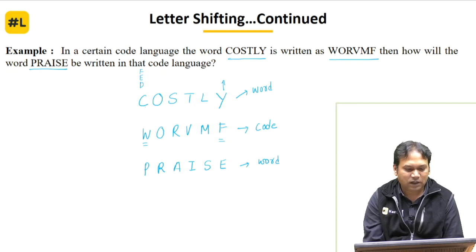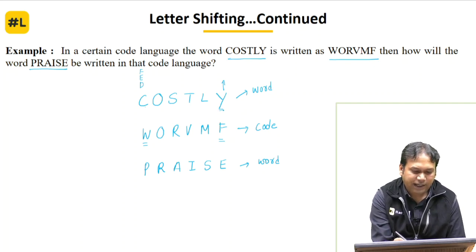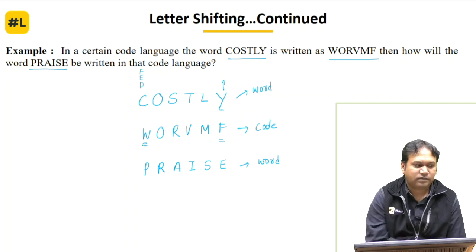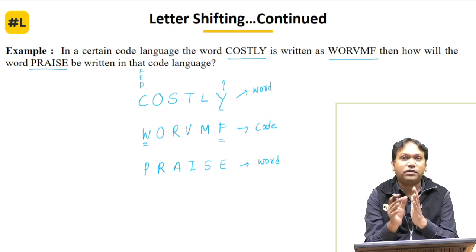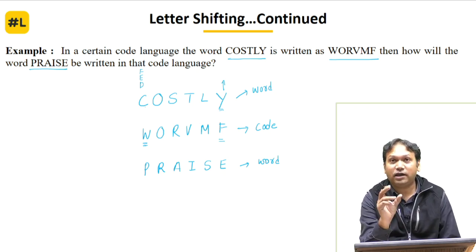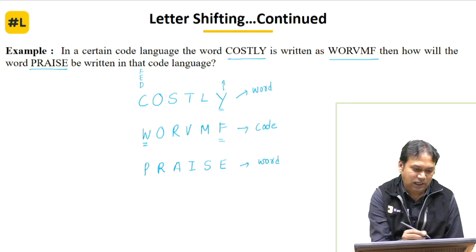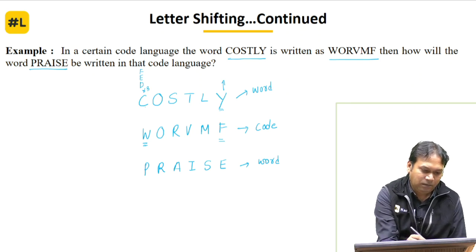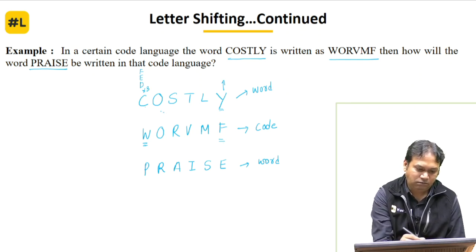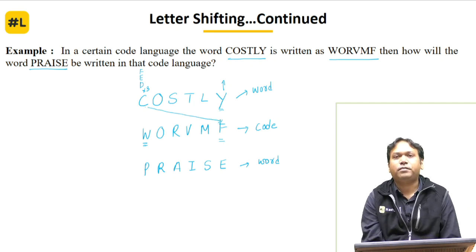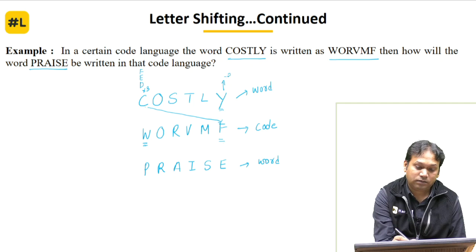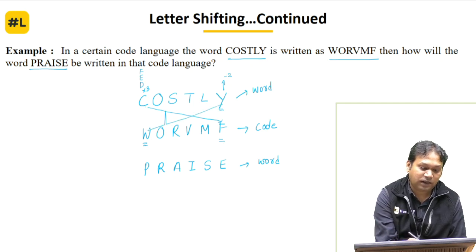Why is it not possible? The last Y can be linked to the first letter. See how we think. I am just showing you the thinking approach. So C plus 3 goes in the end, and Y minus 2 comes in the beginning.